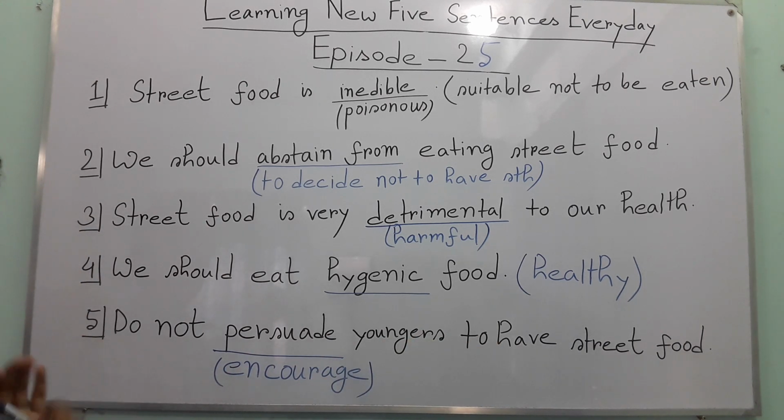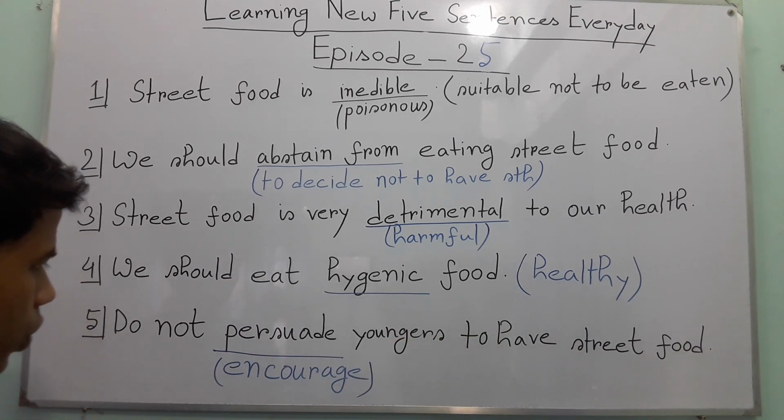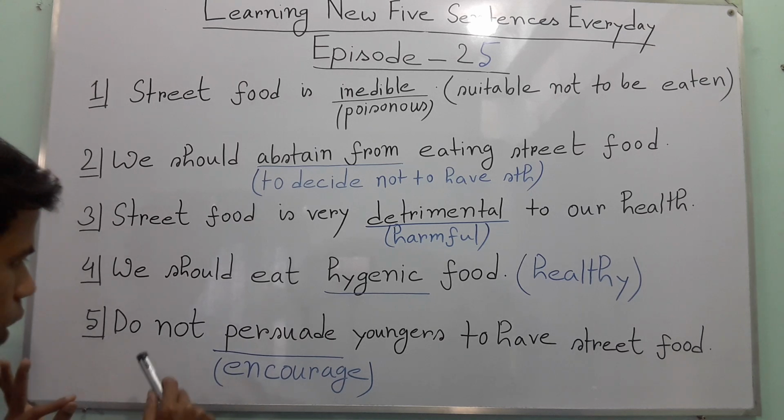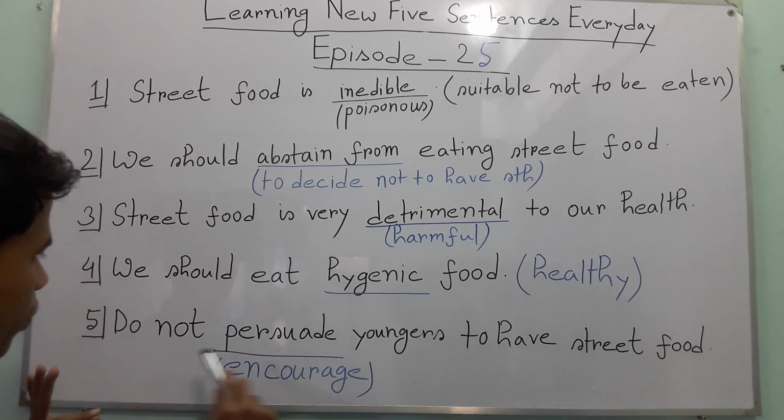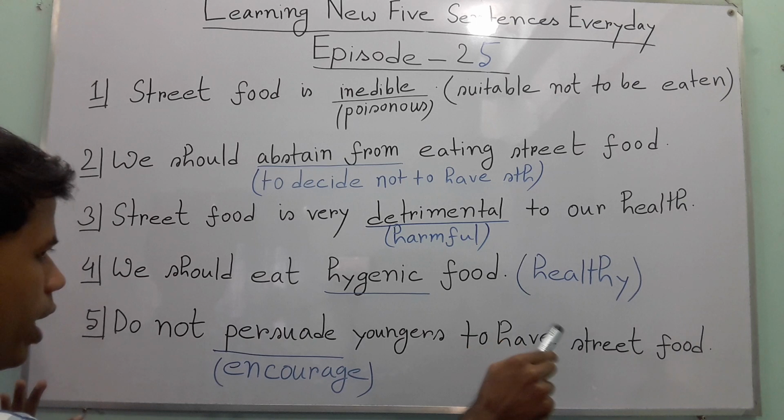Since it is very cheap and looks very attractive, most people persuade youngsters to have street food, but we shouldn't do that because one day they will suffer a lot, because it doesn't maintain any hygiene. So they shouldn't eat street food. Persuade means encourage. Don't encourage youngsters to have street food.